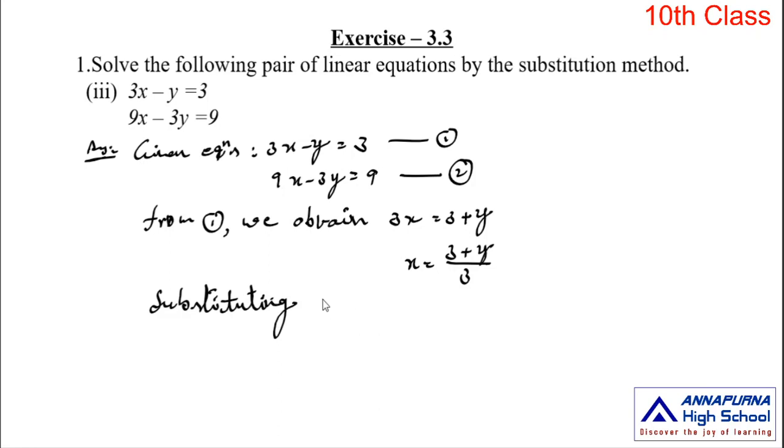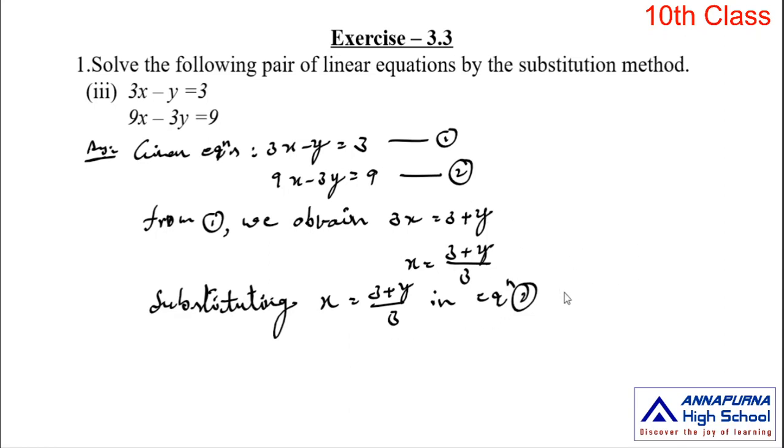Now substituting this x value in equation 2, we are getting this x value from the first equation, so that's why we can substitute this x value in the second equation.